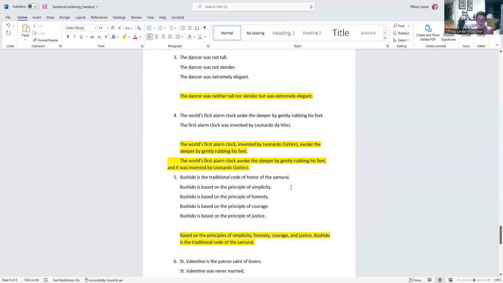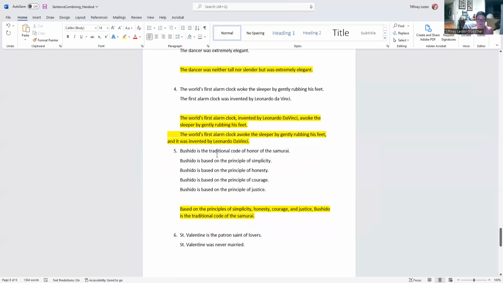That's why I like to show these, where we're taking sentences with similar prepositional phrases and just taking those important ideas instead of trying to use so much of the original sentences. Because then it helps alleviate that risk of having run-on sentences and comma splices.